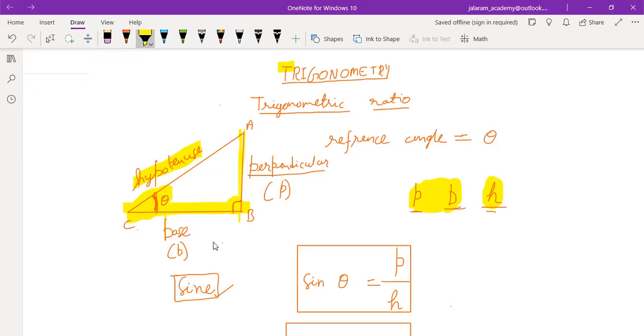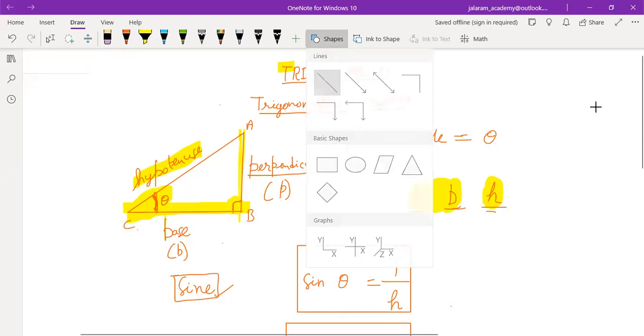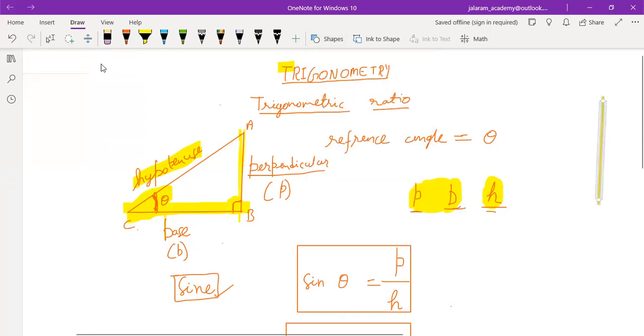But remember, these two are not the permanent sides, perpendicular and base. If you form the triangle in this way, look at this. This also has three sides and three angles.